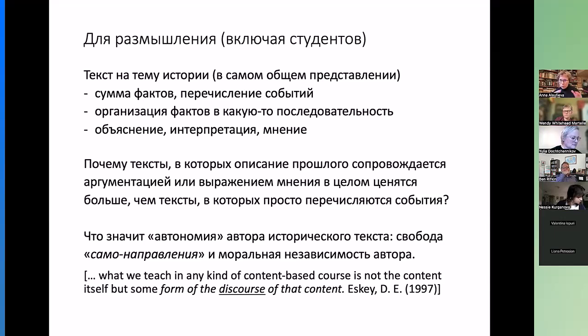В основном фокус моего выступления будет язык, не сам исторический контент, а именно как авторы, историки формируют, пишут, создают и концептуализируют и, возможно, влияют на нас, как на читателей, своим текстом.